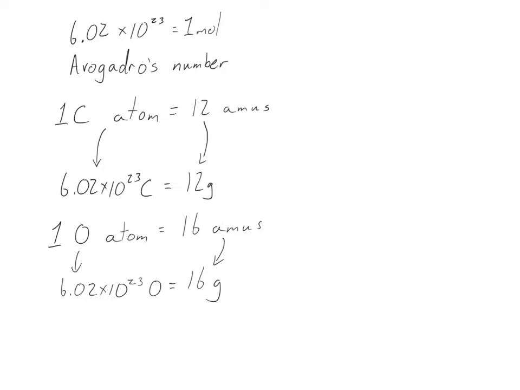So this idea of what it takes to make a mole's worth of an atom has a name. It's called the gram atomic mass. That's going to equal the mass of 1 mole of atoms.